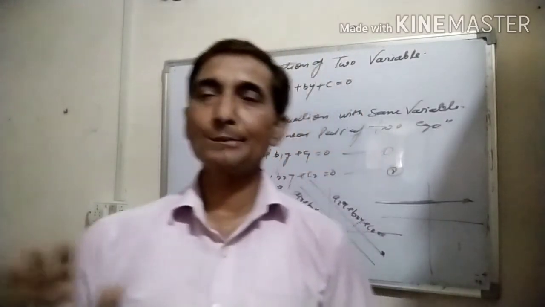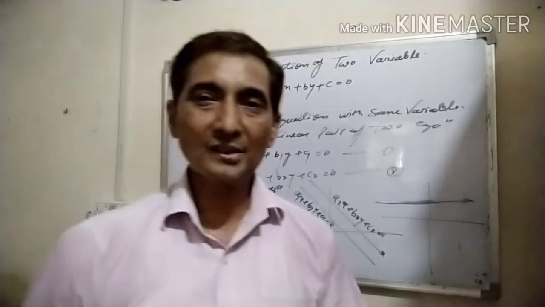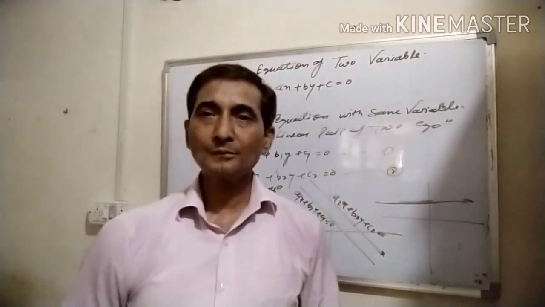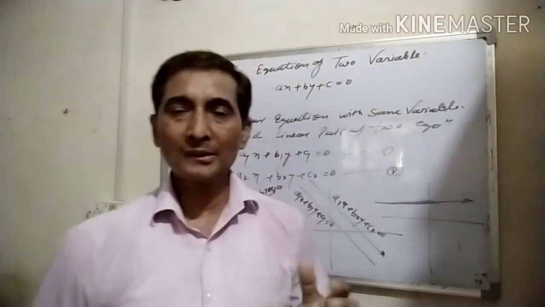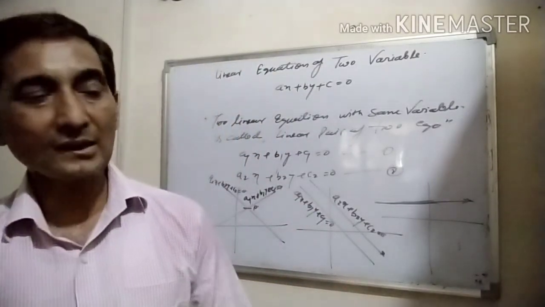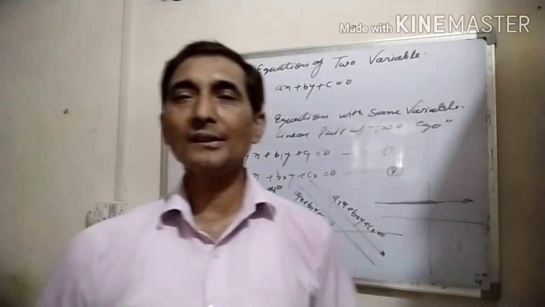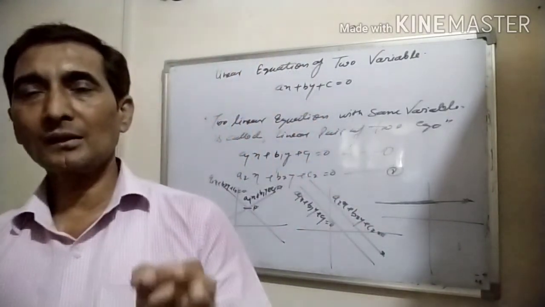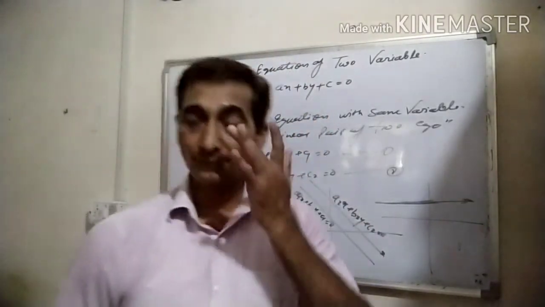After that I will explain what the three main conditions are by which we can judge whether the given linear pair of equations has a unique solution, infinite solutions, or no solution.